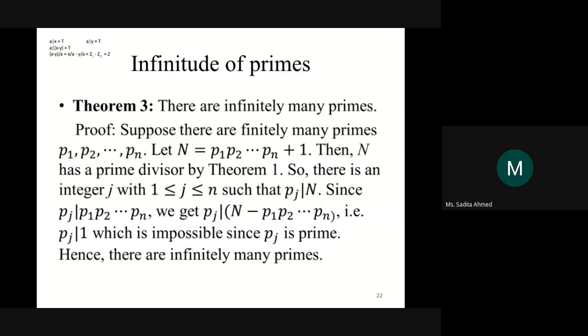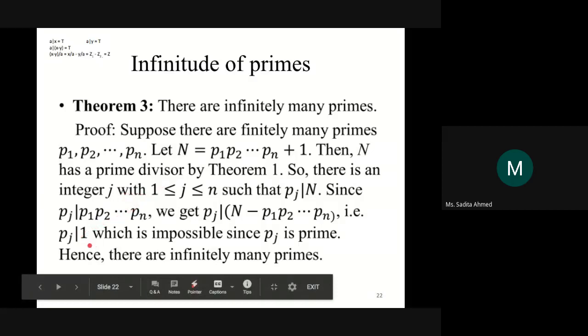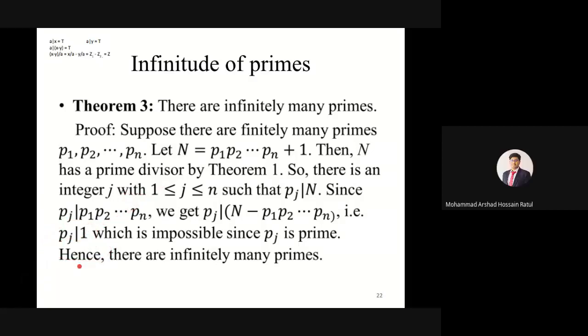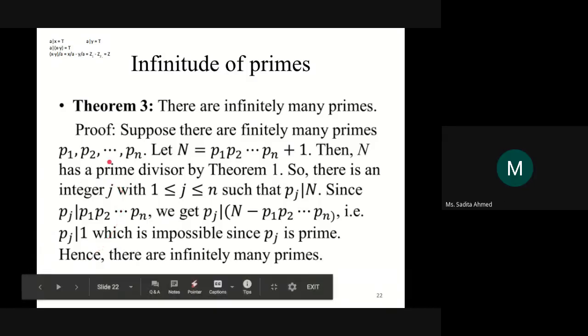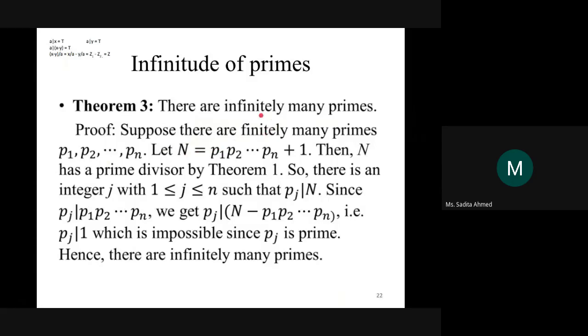Is there? No. So pj dividing 1, the remainder being 0, is it possible if pj is a prime number? No, miss. So it proves that it is contradictory. Exactly. It proves that our assumption is completely, totally, utterly wrong. That means, since the assumption is wrong, the only alternative path is that the total number of prime numbers is infinite. All right?